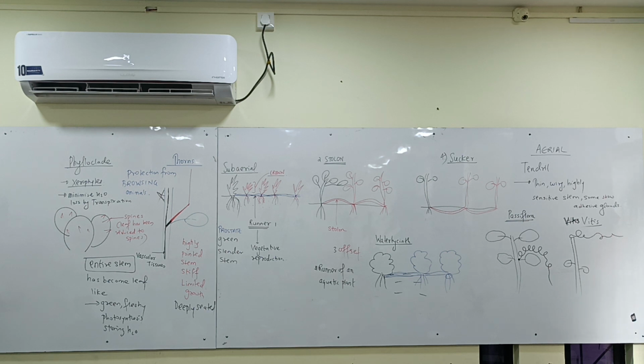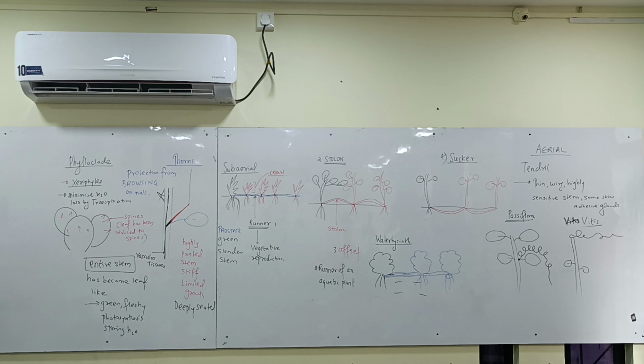Did you get the modification? And the stem has become green, leaf-like. Normally the stem is initially green, but as the age of the plant increases, it becomes brown. In this case, it will not. It will always remain green because it has to perform photosynthesis. Is this point clear, everybody?